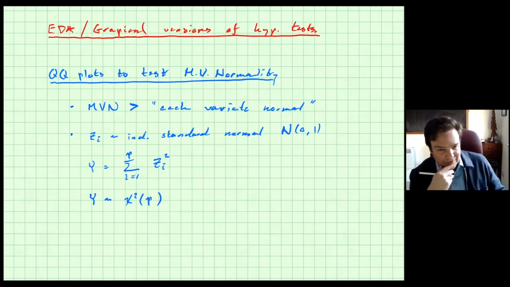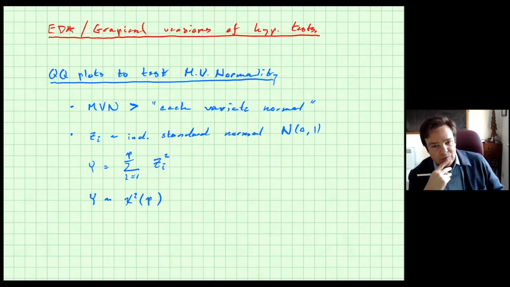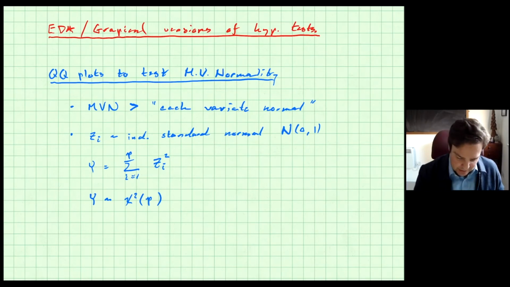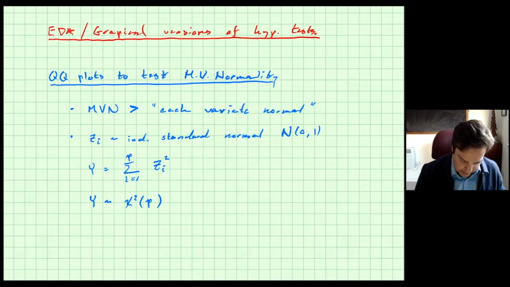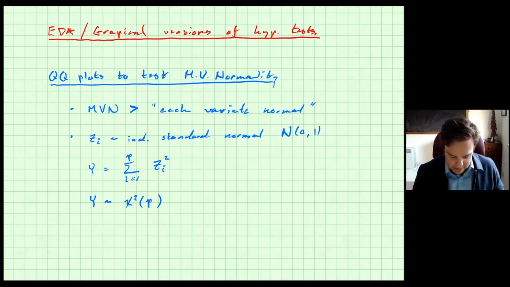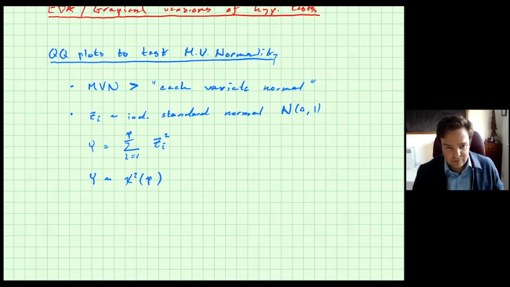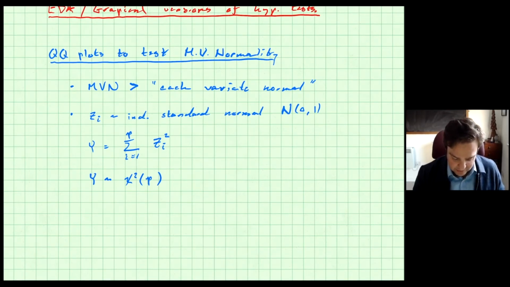And so what we want to do basically is, to test multivariate normality, you standardize the data for each column, and then you construct this other variable for each different row of the data, where you sum up the squares of the standardized data.